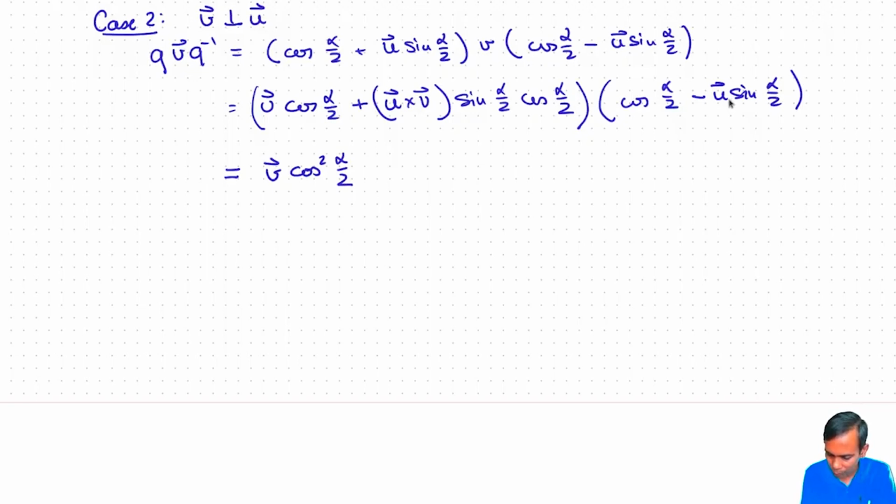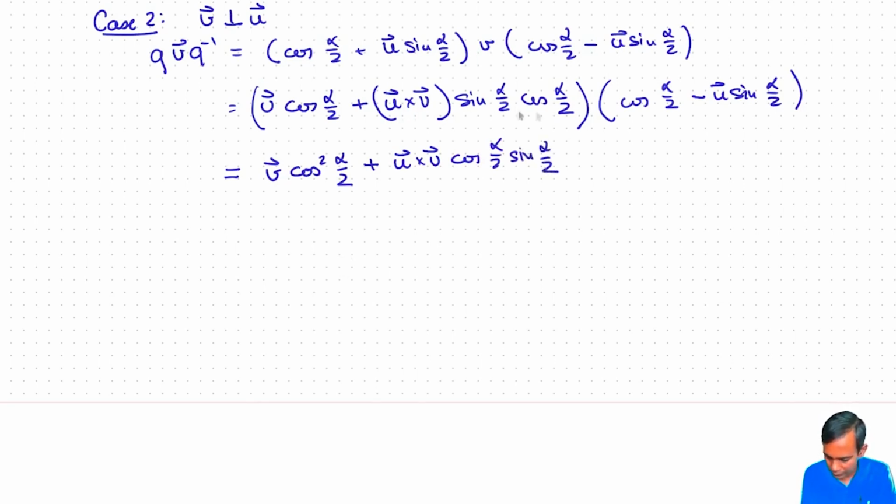So again, the dot product term, the real part will be 0, and we are only left with an imaginary part, which will be minus u cross v, minus v cross u, but I can write it as plus u cross v, and it will be accompanied by cos alpha by 2 sine alpha by 2.